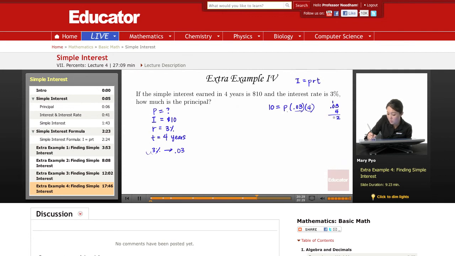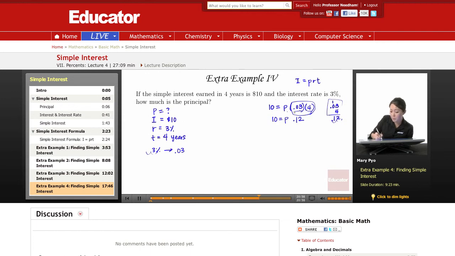How many numbers are there behind decimal points? 2. So you start here, you go 1, 2. There's my number, 0.12. So when I multiply these two numbers together, it gave me 0.12. So let me just write it again and write 0.12 instead of that number.